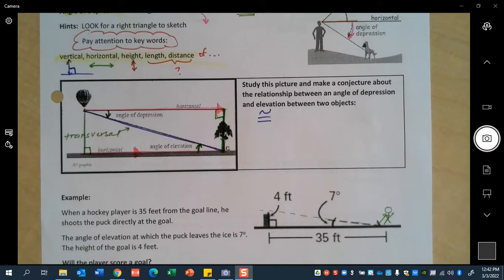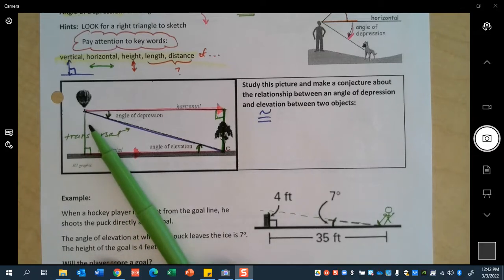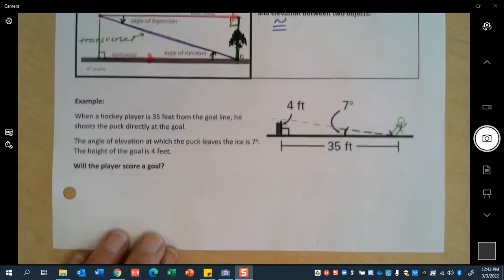So those angles are going to be congruent. The biggest mistake that people make is they think that this is the angle of depression. It is not. Your angle of depression has to be measured from your horizon down. Make sense? All right, so let's talk about this example.